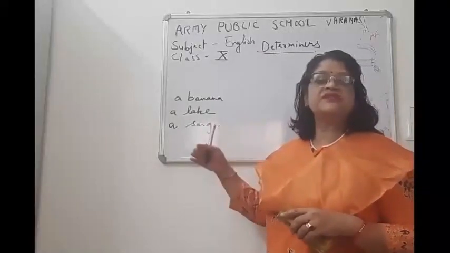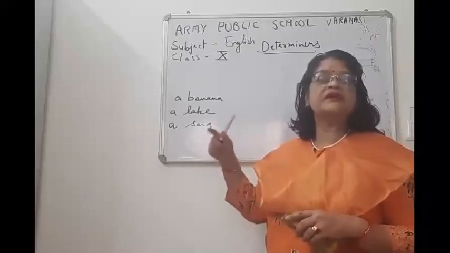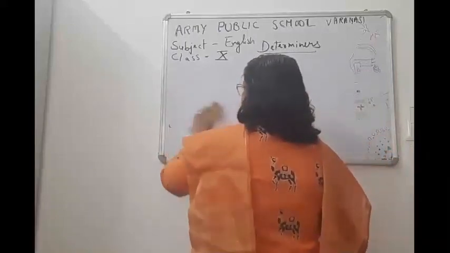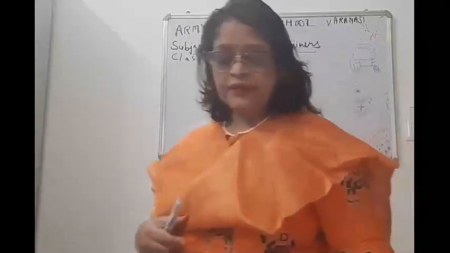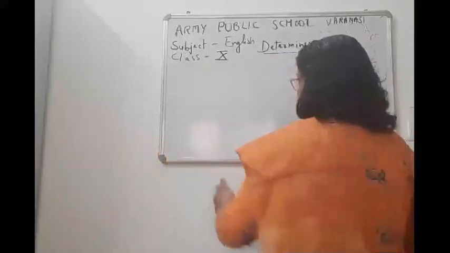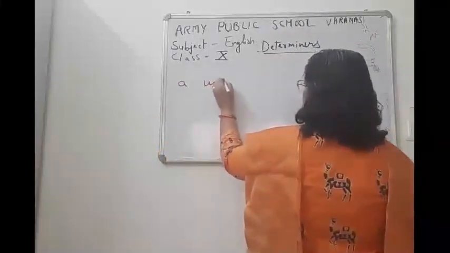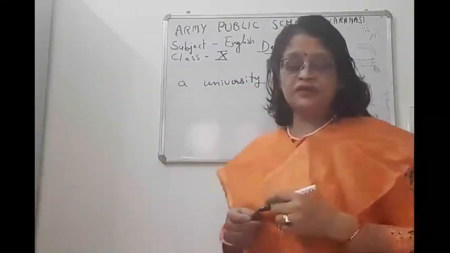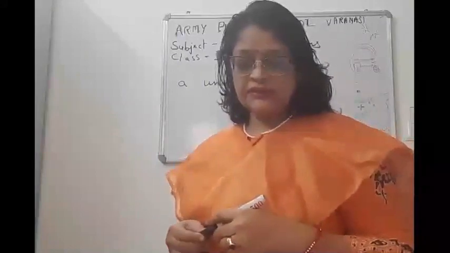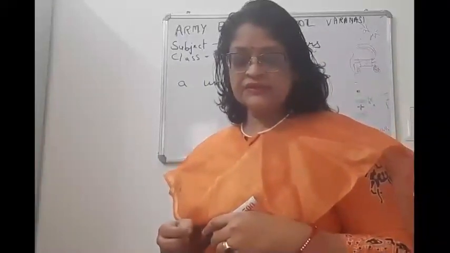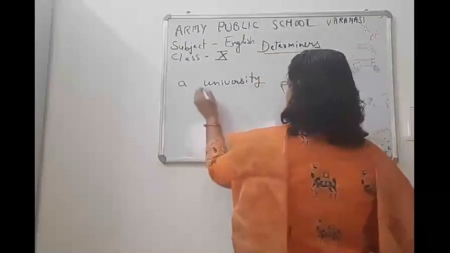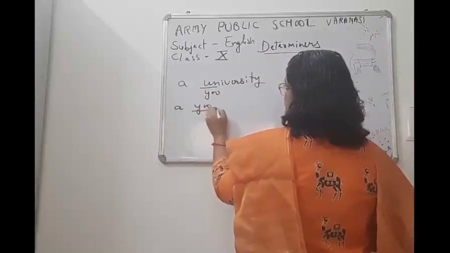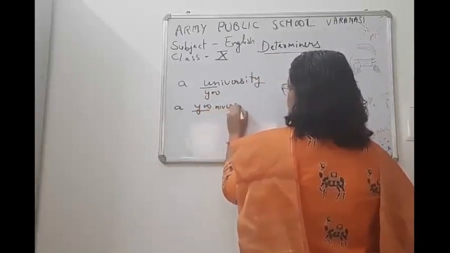Now there are many words which start with a vowel letter but have a consonant sound, like a university. Children, this word is pronounced as yu, so the pronunciation is university.